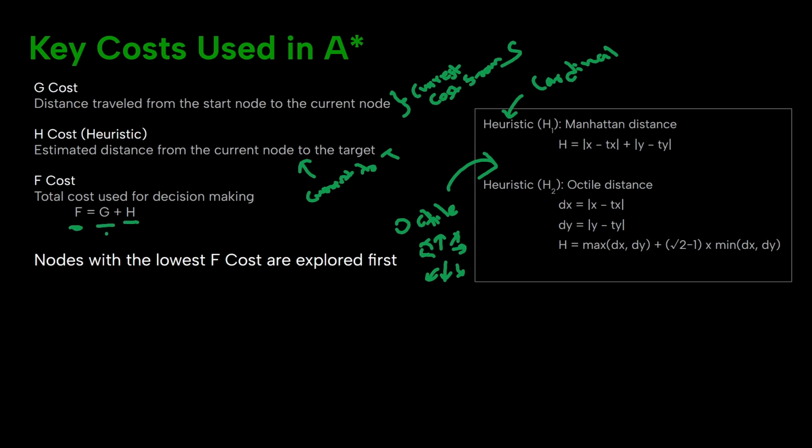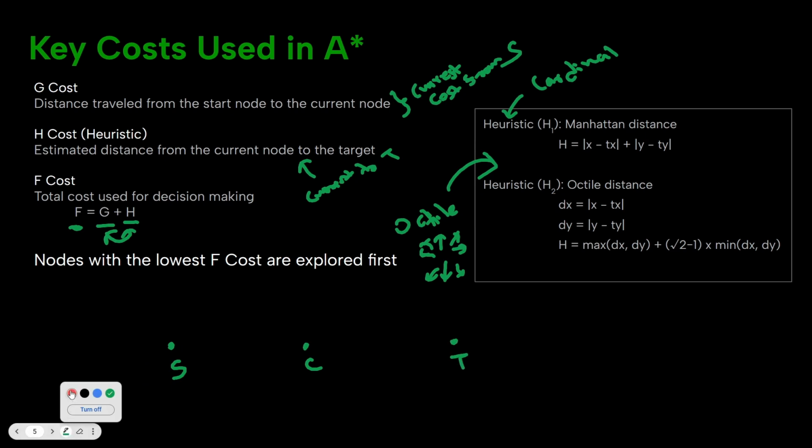So if you take the addition of this G and H, you will get the total cost for that specific path. Okay, so it could be something like this. This is our start position, this is our current position, and this is our target.